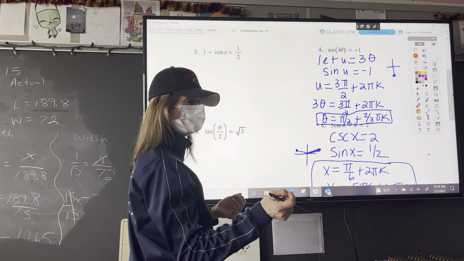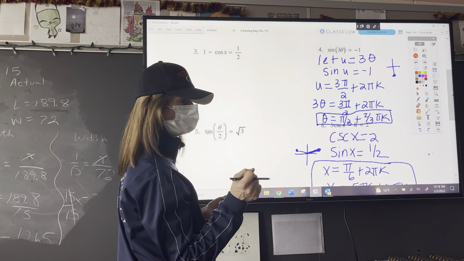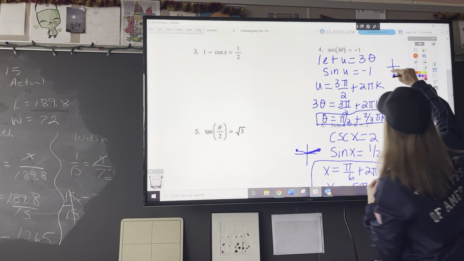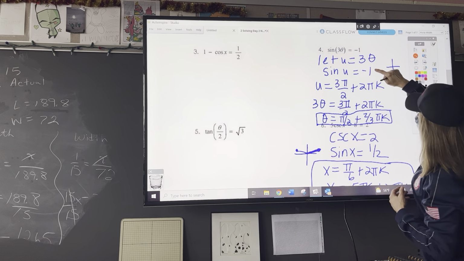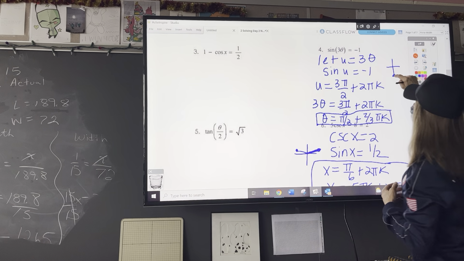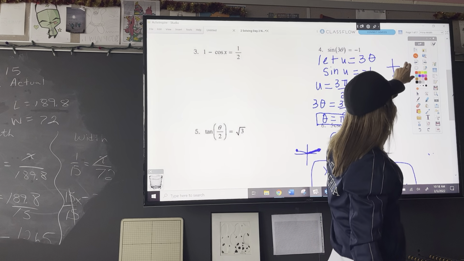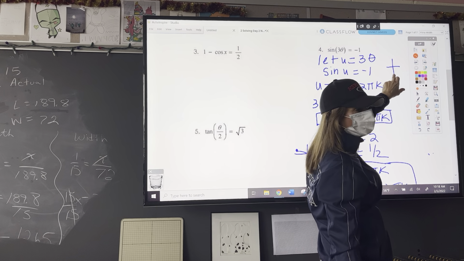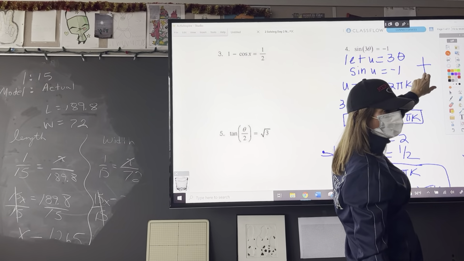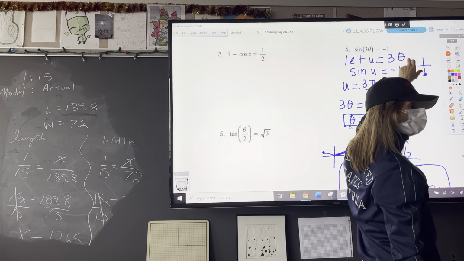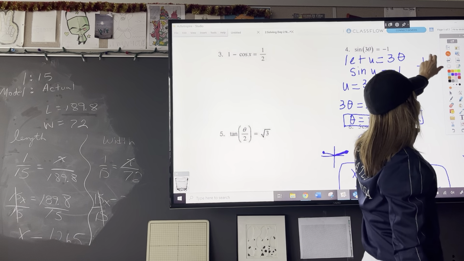I still don't get how the pi k works exactly. So from here to here, that's 3 pi over 2, right? The next solution is if I add another 2 pi, I come around and I get back to the same location. I can do that an infinite number of times. I can keep adding 2 pi and get another solution.